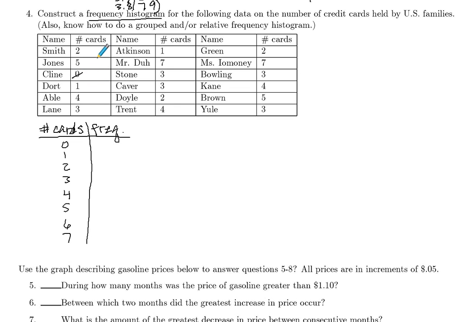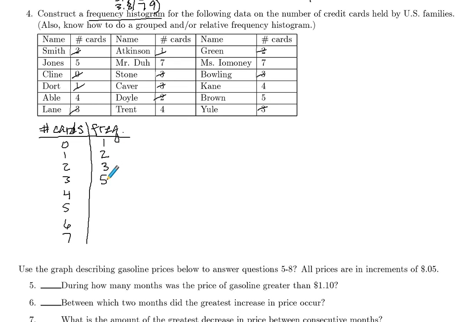I see 1 zero here. Looks like that's it. So that's got a frequency of 1. How many people have 1 card? Let's see, 1, 2, 2 people have 1 card. How many have 2 cards? So I see 1, 2, 3. And how many have 3 cards? So 1, 2, 3, 4, and 5.